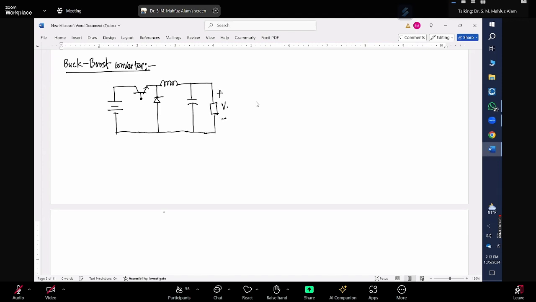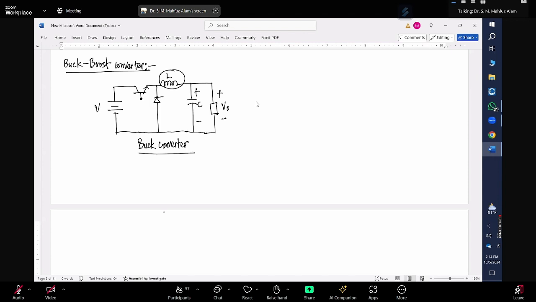So that was my buck converter. In the buck converter, this inductance L was responsible for storing energy and providing that energy to the output. And the capacitor used here was responsible for keeping the output voltage constant with minimum ripple for the circuit.